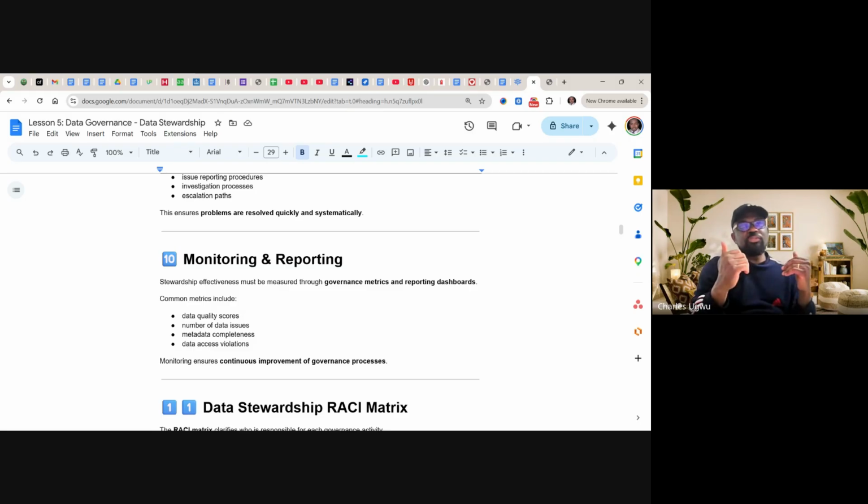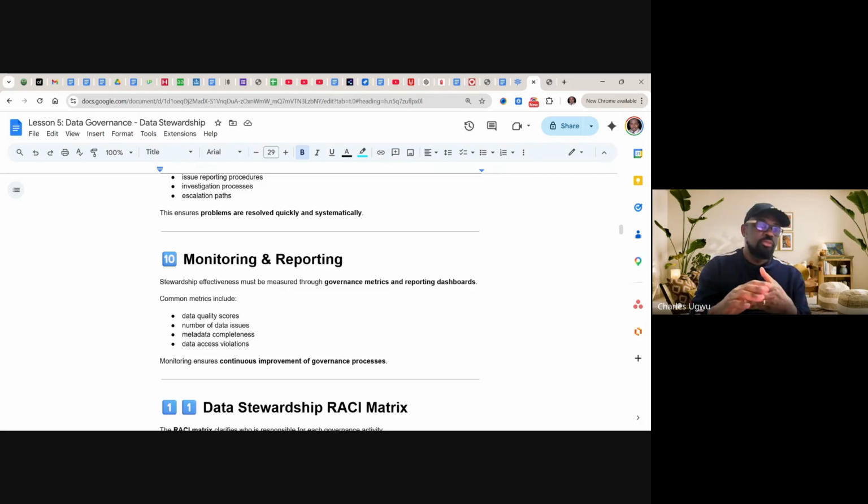So if you look at the dashboard and you see a lot of red flags, or maybe if there is risk it becomes amber, and everything is amber, then you have to sit up. So there must be monitoring and reporting.